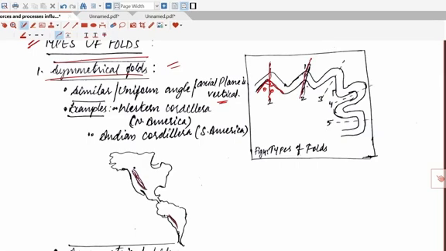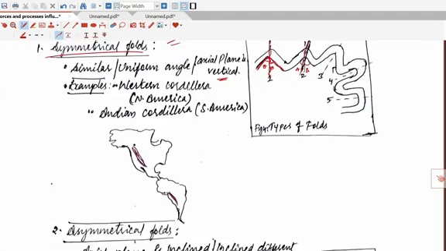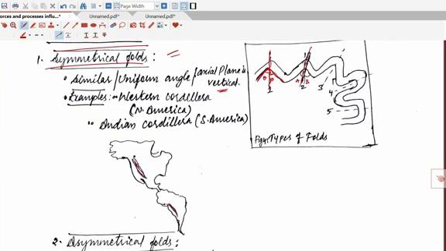And asymmetrical is, this is the axial plane. Here we have angle A and here we have angle B, which means both are different angles. That is called asymmetrical. The best example for symmetrical folds is the Western Cordillera. Now you may be wondering what is Cordillera. Cordillera is a simple term, a chain of mountains.